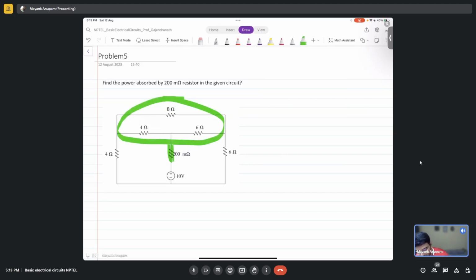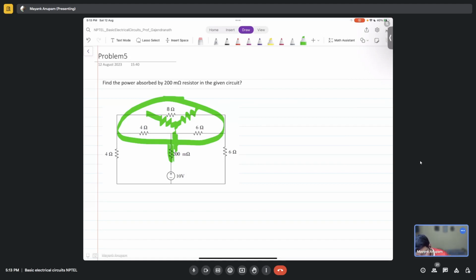You can always convert this into a star network. The star network will look something like this. From that you can definitely calculate whatever you want to find out. There will be three terminals in the star network.